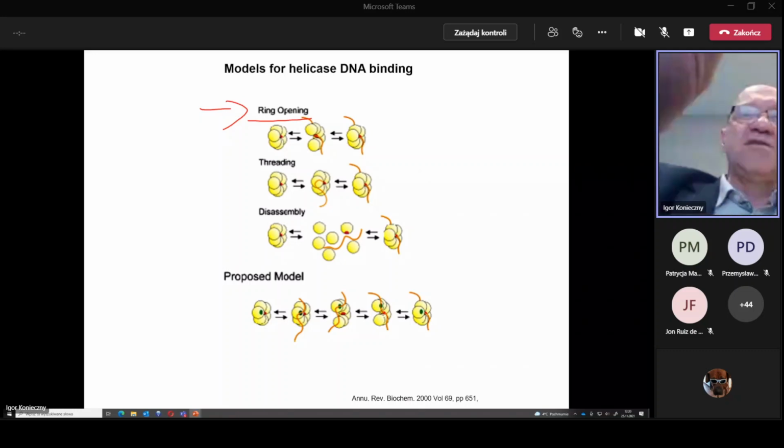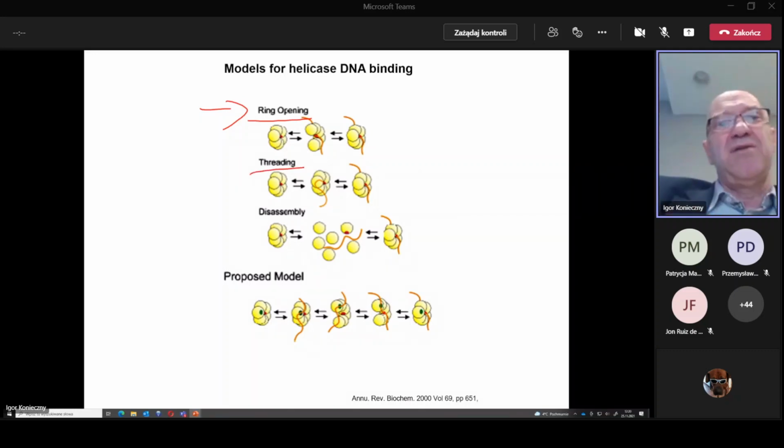The other is threading, so that would be a kind of bizarre concept, but then we need to have the end of DNA to introduce into the channel, or the DNA scaffold has to be cut in one place just to anneal the helicase onto double-stranded or single-stranded DNA.